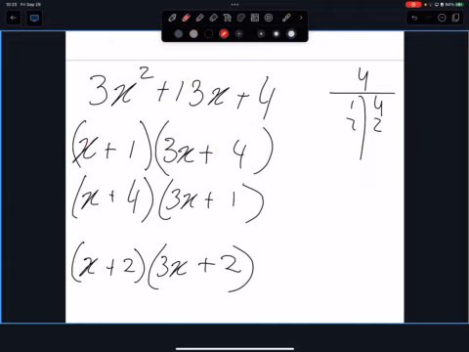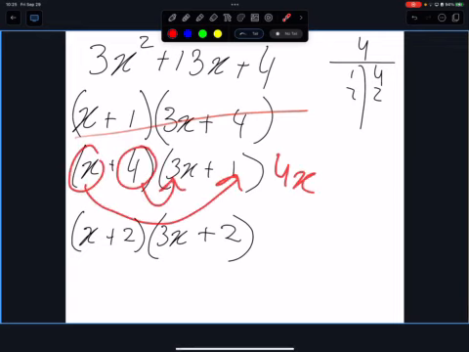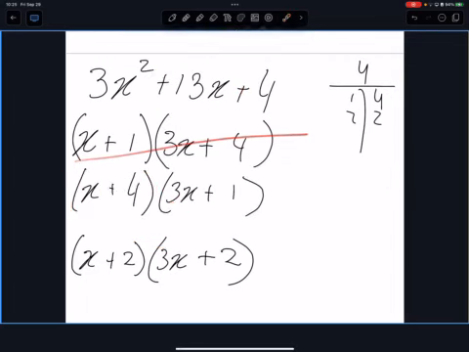No. So this is not a solution. Continue. x times 1 is x, 4 times 3 is 12x. Together, 13x. Sorry, for the second option: x times 1 is 4x... Is this a possible solution? No. And then I only have one solution left, so by definition, that is the answer.